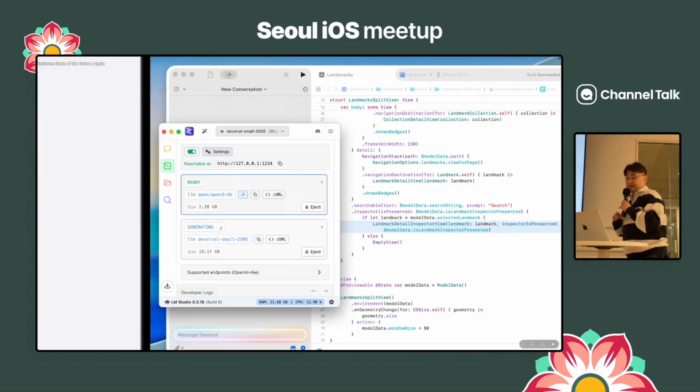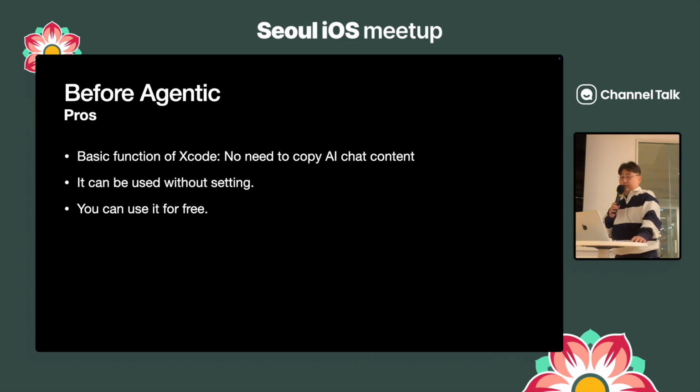And at last WWDC, Apple announced that the assist can use not only GPT, but also local models via LM Studio or Ollama. So before agentic, basic functions of Xcode, there's no need to copy AI chat contents and paste them into the Xcode editor.